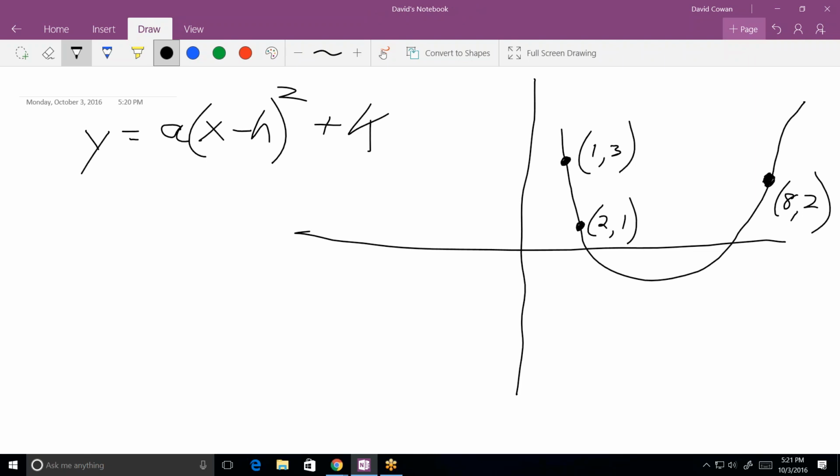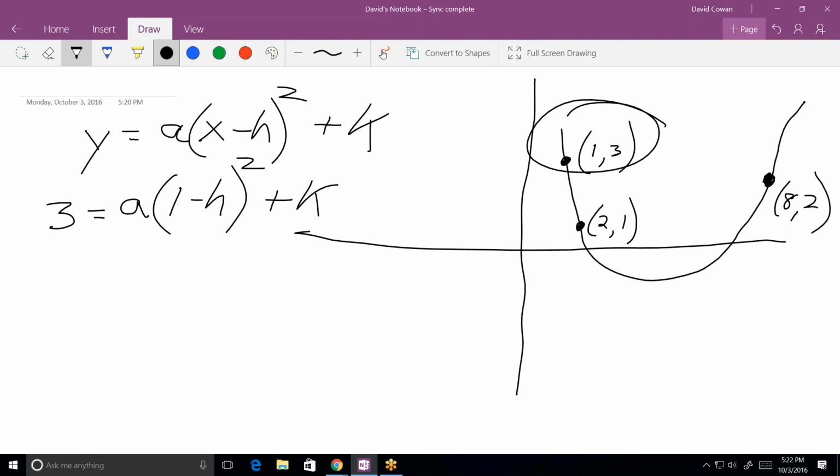Well, I have 3 points that I can plug in for x and y. So here's one equation: 3 equals a times (1 minus h) squared plus k. That's for this point right here.